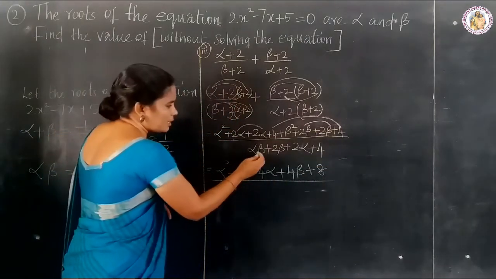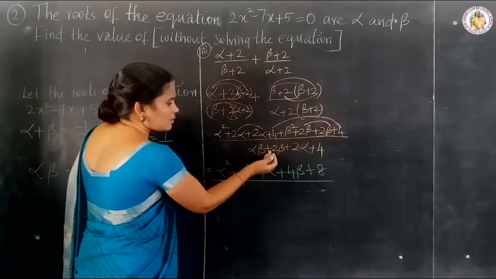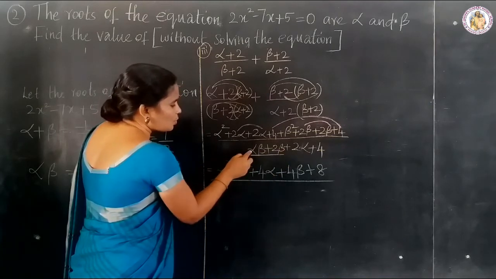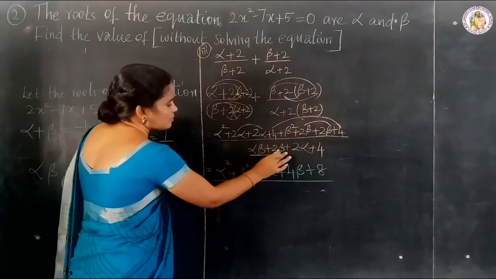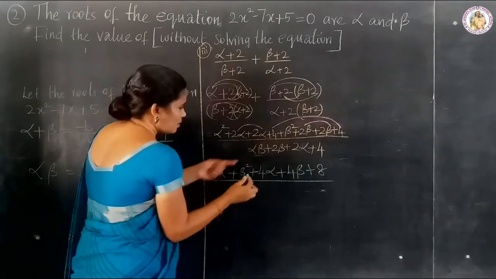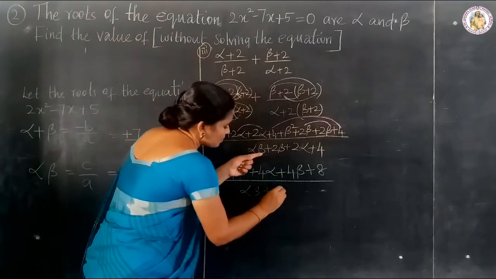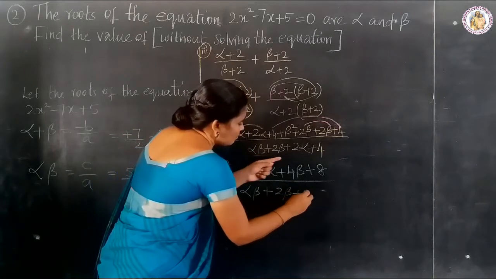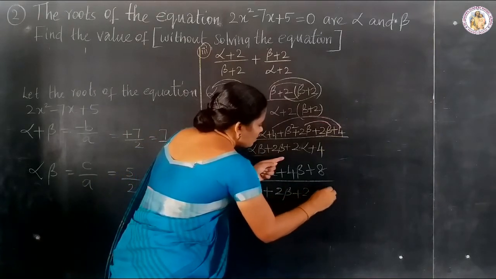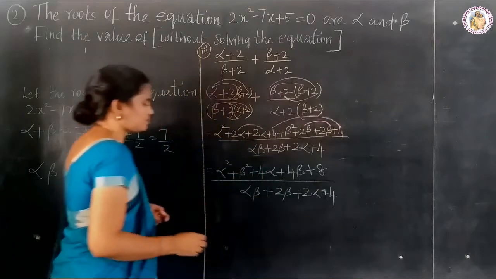And the denominator is alpha beta plus 2 beta plus 2 alpha plus 4.